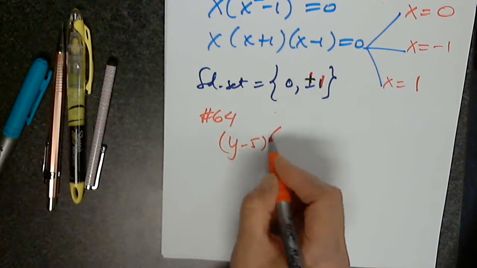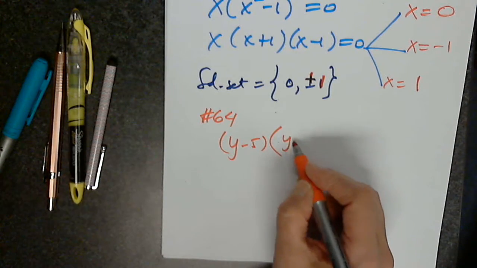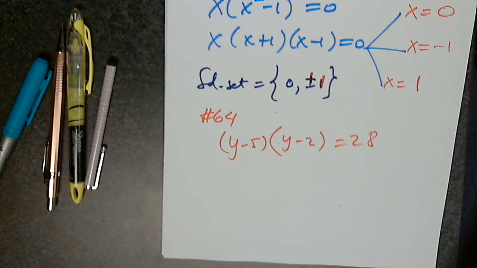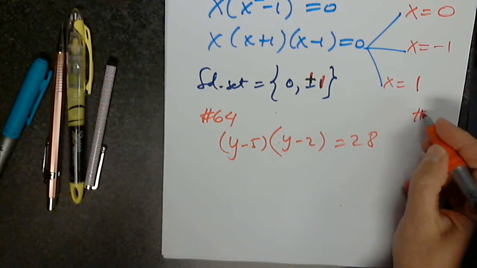Y minus 5, y minus 2 times y minus 2 equals 28. Okay, let's work on this. And then on 44.